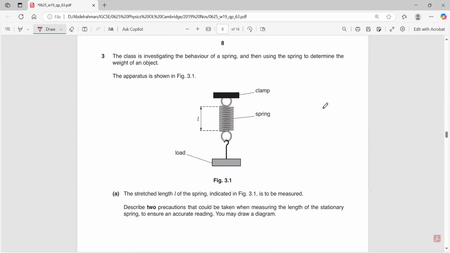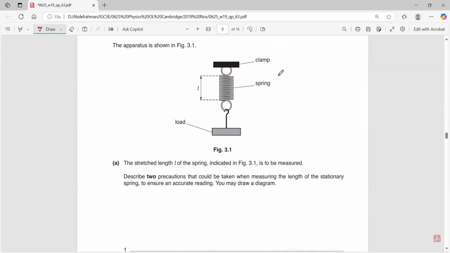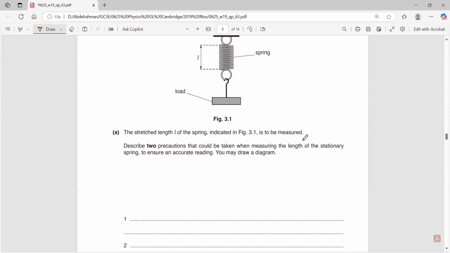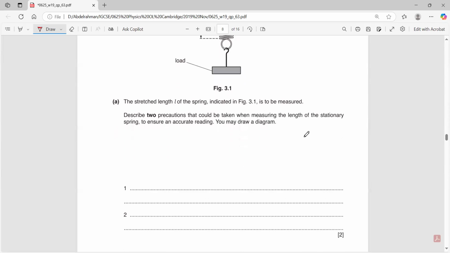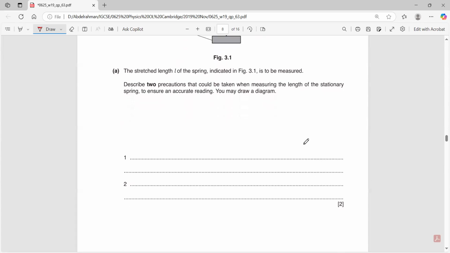Question 3. You have a clamp and a spring. The stretched length L of the spring is indicated in 3.1 and is to be measured. Describe two precautions that could be taken when measuring the length of the stationary spring.